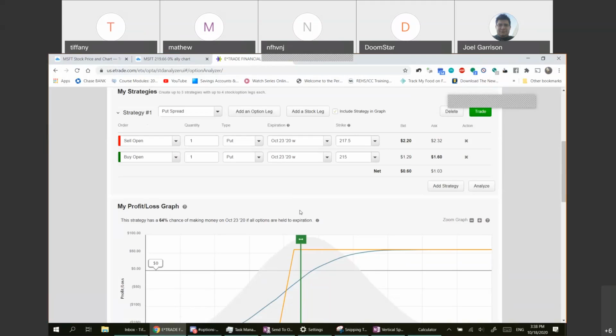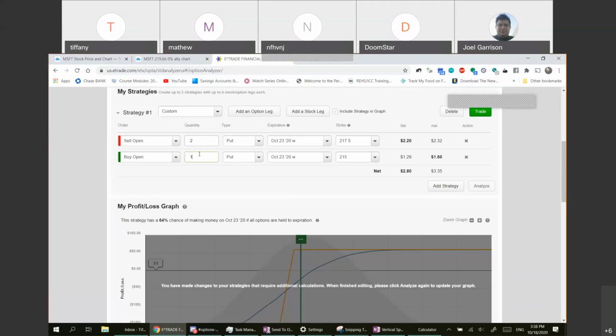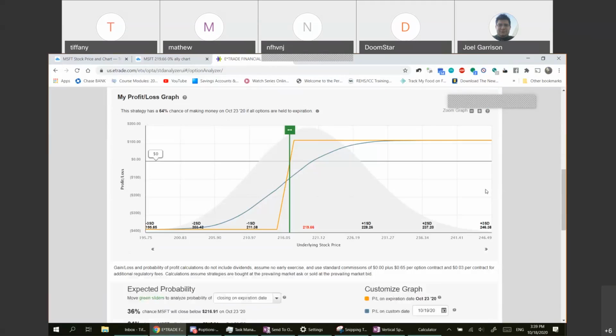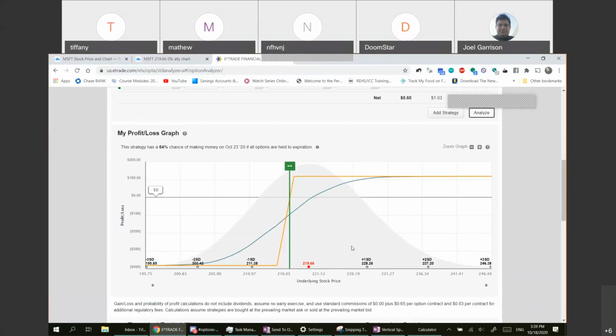You can offer a little more credit. So let's say, based on your account size, you were putting up $1,000 to do this trade. In a week, if Microsoft expires above 219, you have an easy chance of turning a profit.